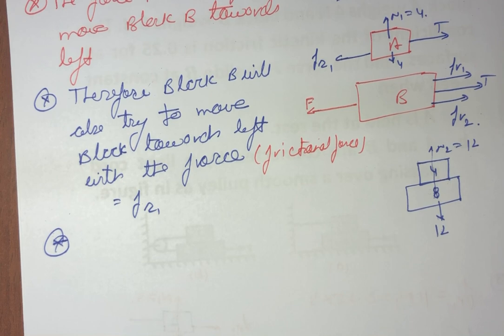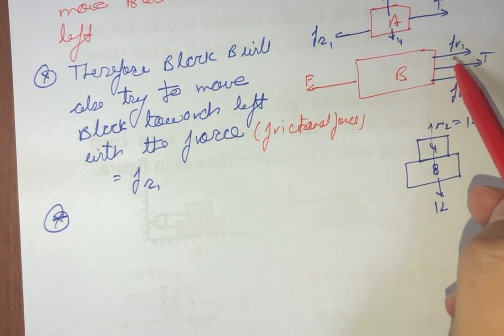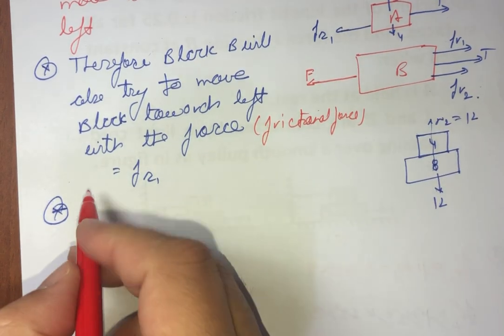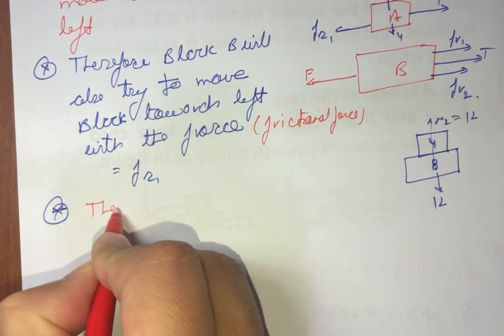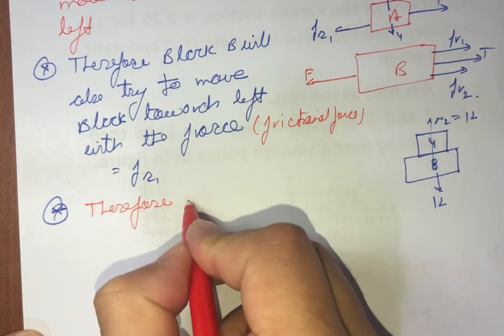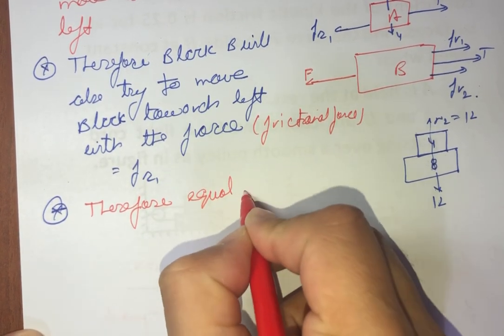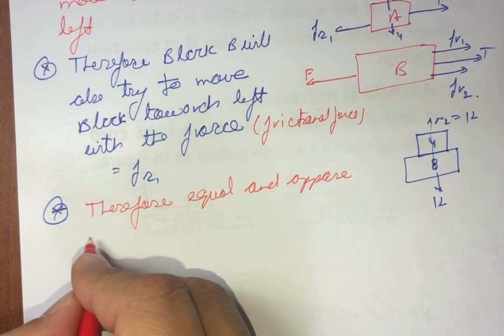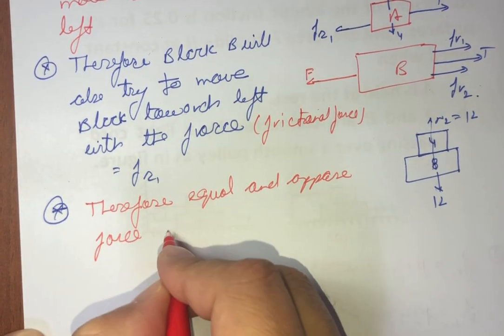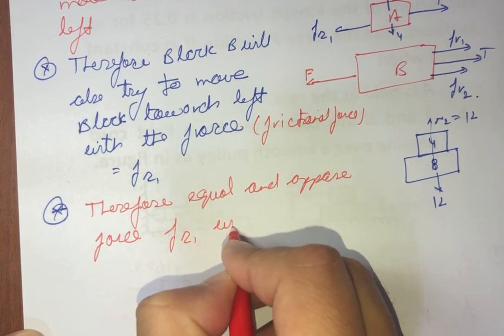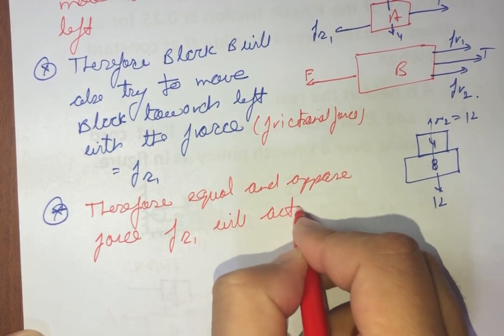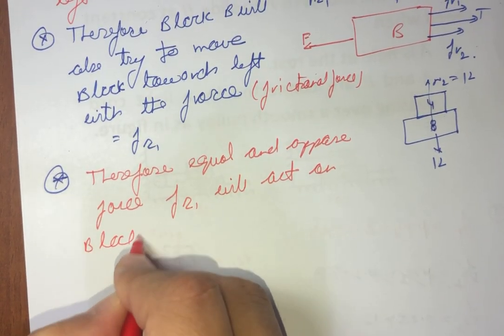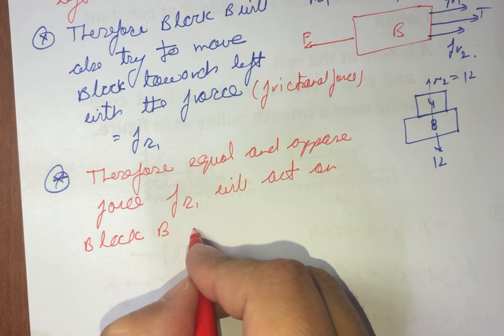Next, therefore equal and opposite force Fr1 will act on block B towards the right.